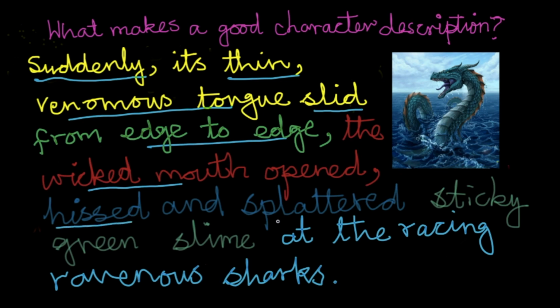Hissed, another verb to describe its sound, spluttered. Sticky green slime is an expanded noun phrase. Then we have ravenous to describe the hunger of the sharks. Ravenous is a quite good word.